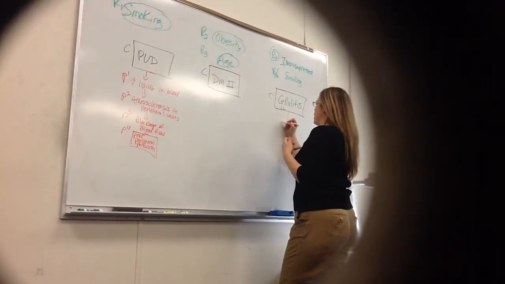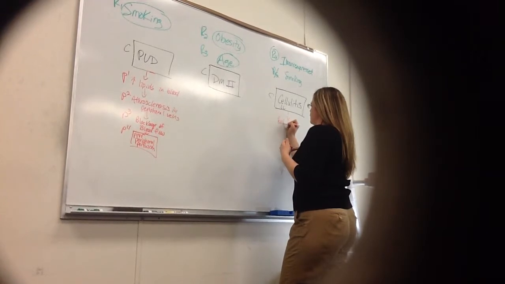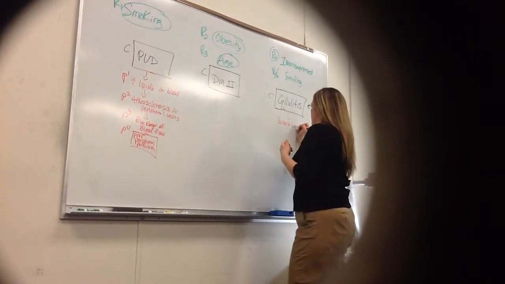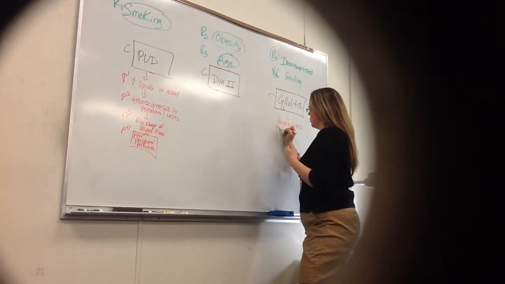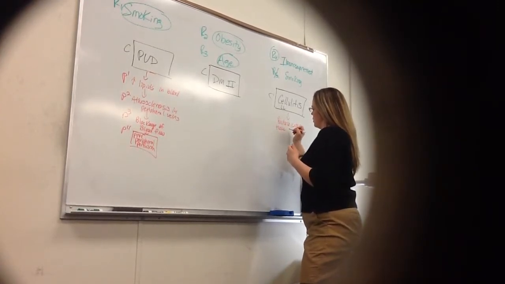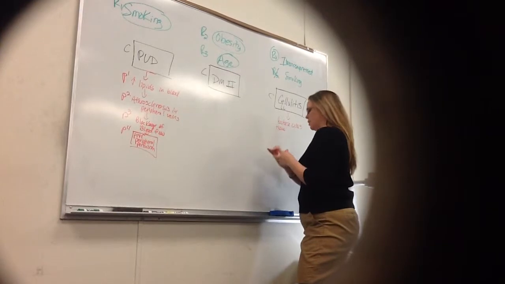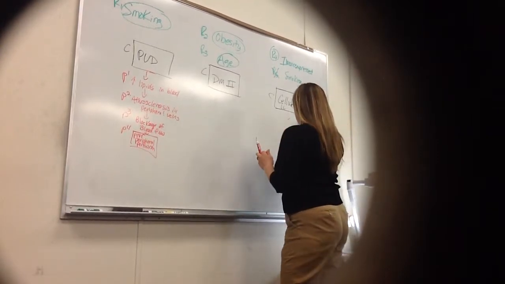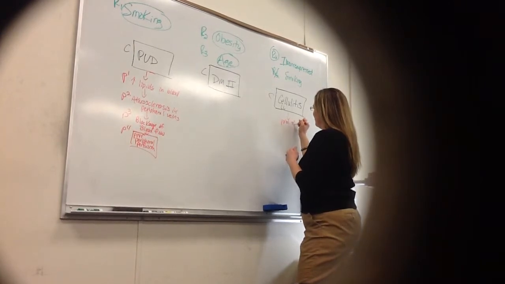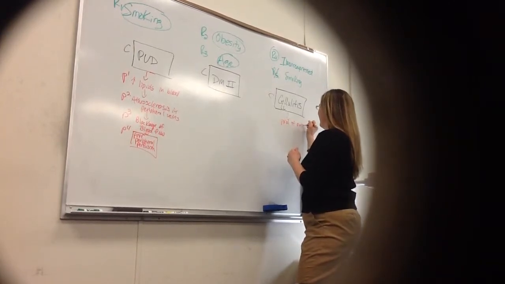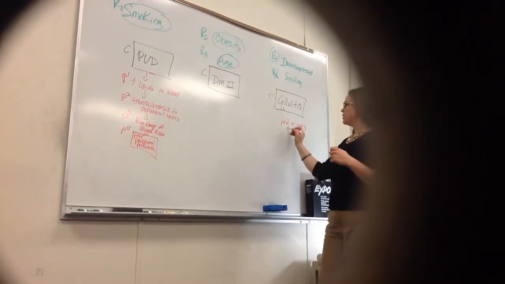Cellulitis, I'm going to say bacteria enters tissue. Let me start with portal of entry. Sorry, guys. Okay. Wait till I'm done. Portal of entry. So I'm doing it off the fly. Portal of entry.